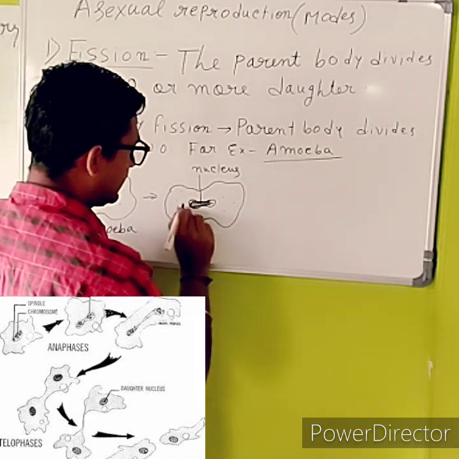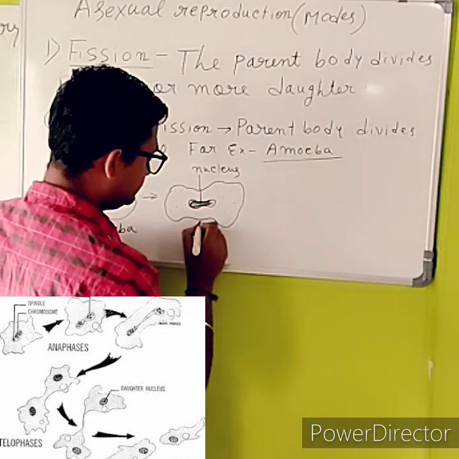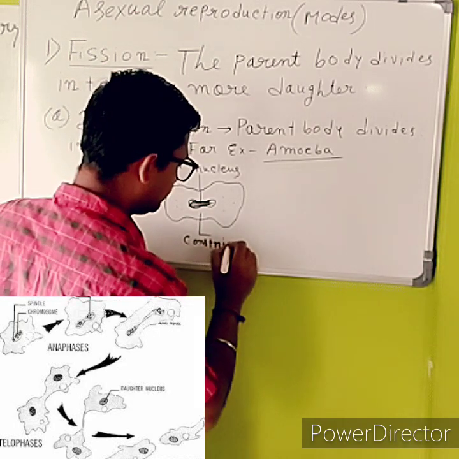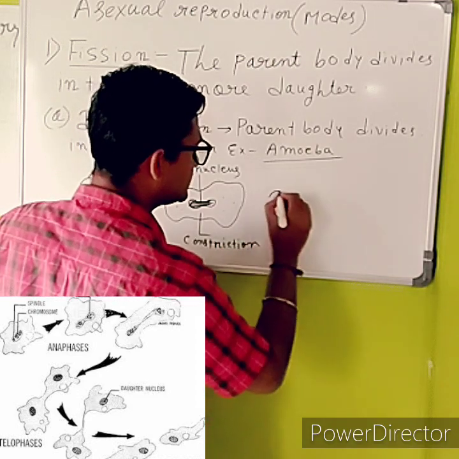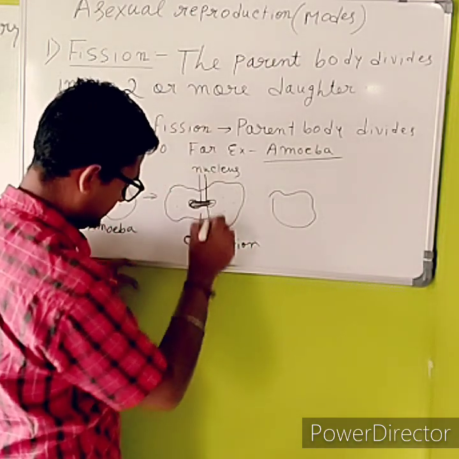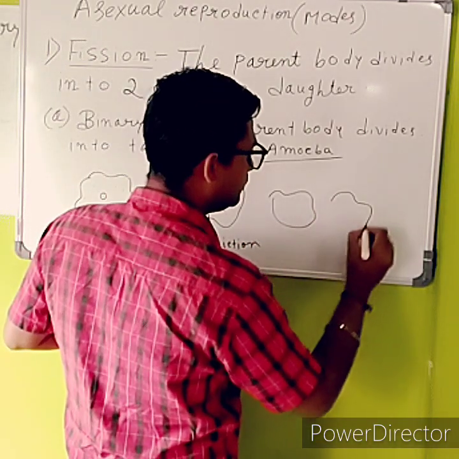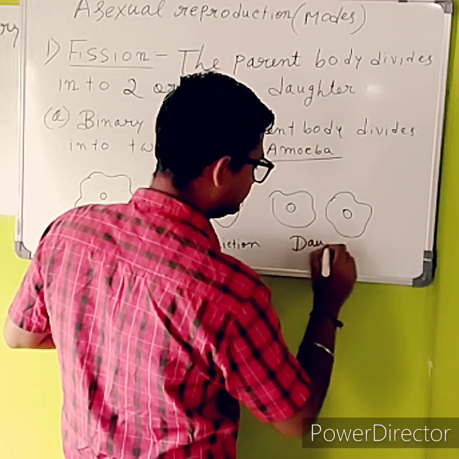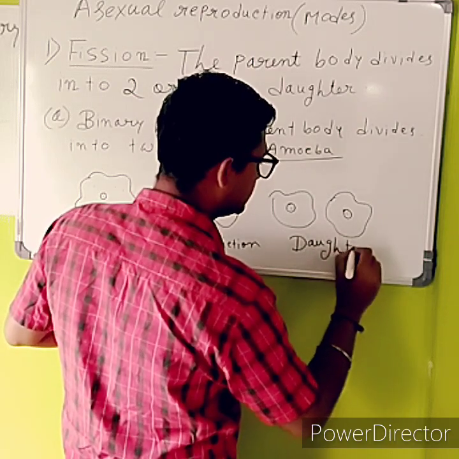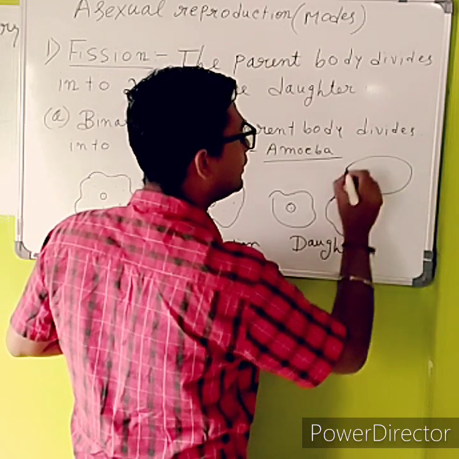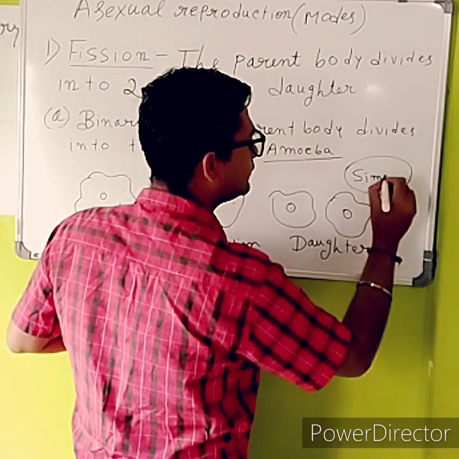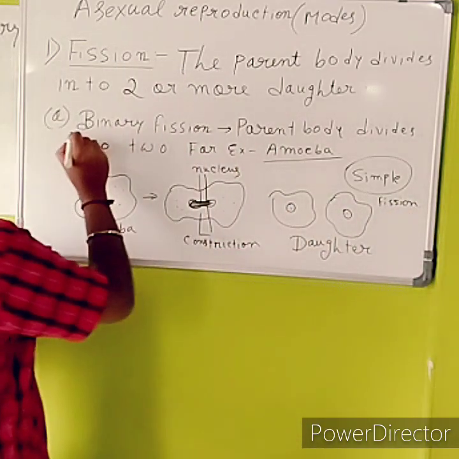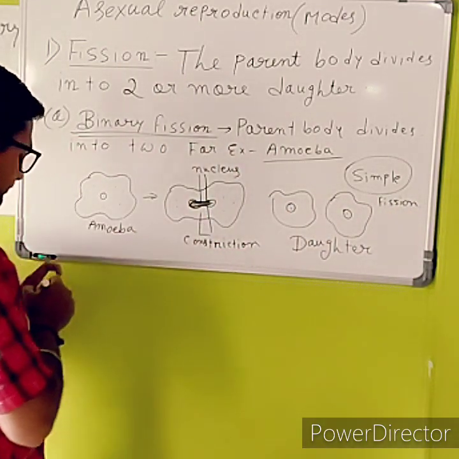Gradually the constriction leads to the division of the cytoplasm, and the division of the cytoplasm with the nucleus results in the formation of two daughter amoebae which become independent. This type of binary fission is called simple binary fission, and it is observed in amoeba.